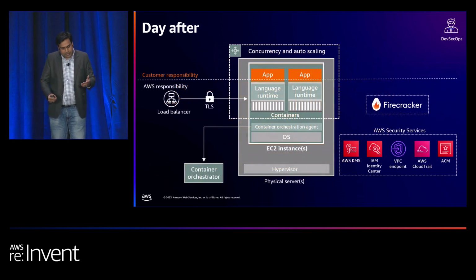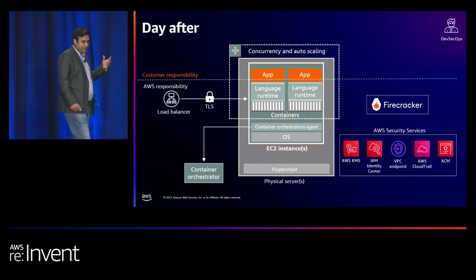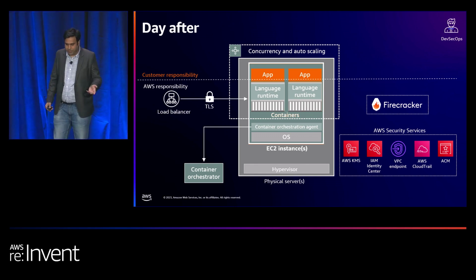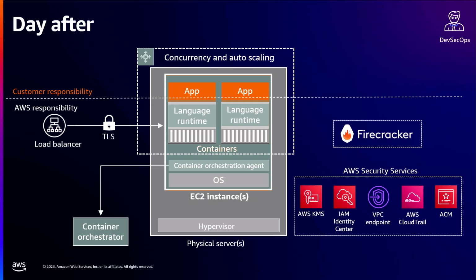So let's look into the day after, right? As a DevSecOps professional, if I use App Runner, what will be my responsibility here? So let's focus on the concurrency and auto-scaling over here.